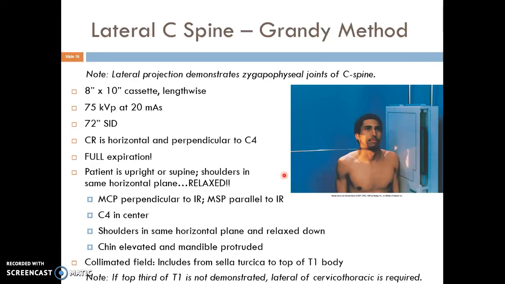The shoulders are at the same horizontal plane and relaxed. The chin is elevated and the mandible is protruded. Collimate to include the sella turcica through the body of T1. If you do not get at least the top third of T1, you will need to do a lateral cervicothoracic projection.